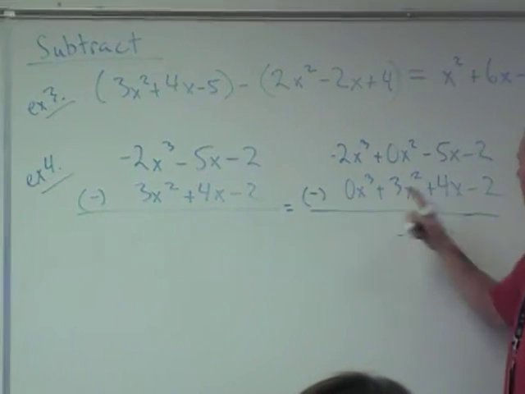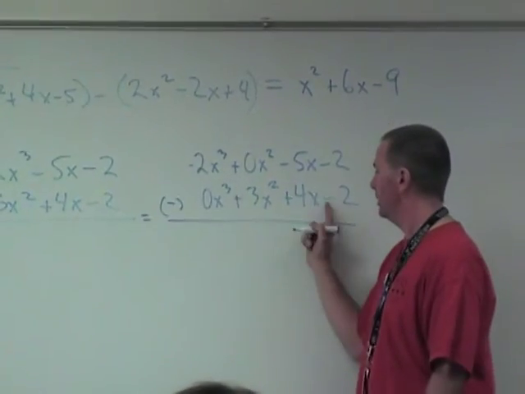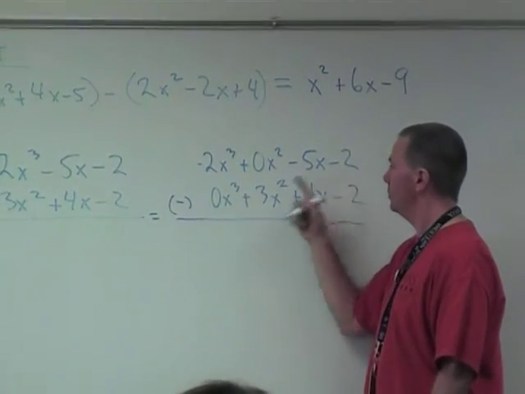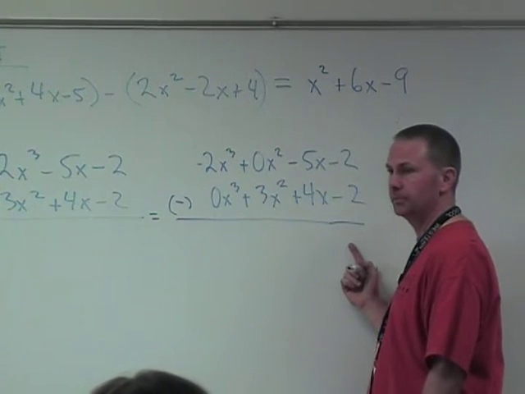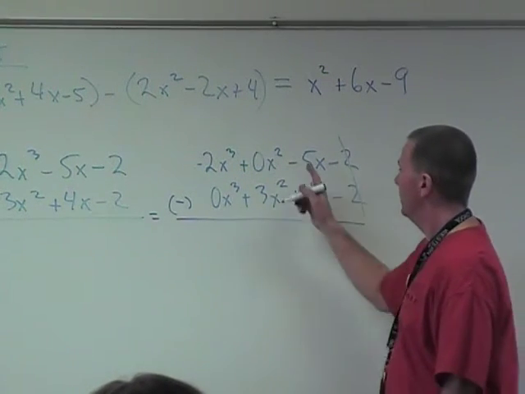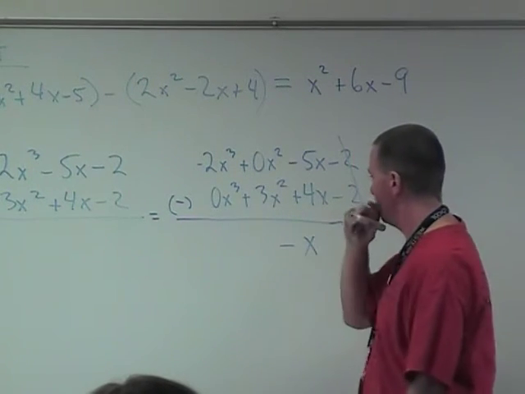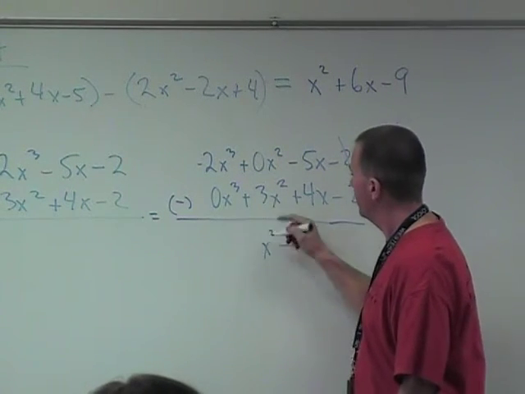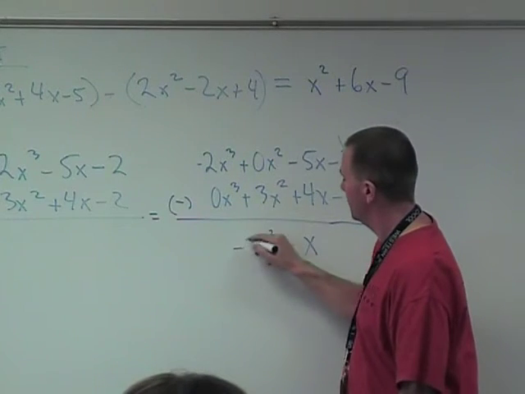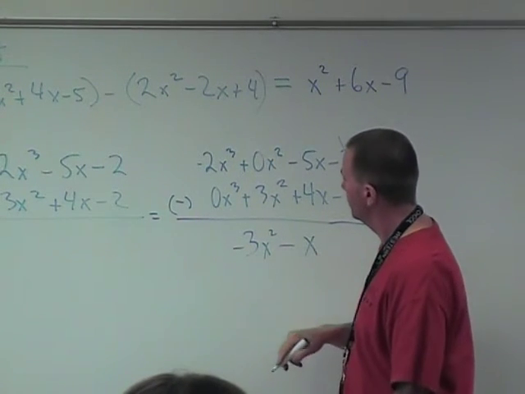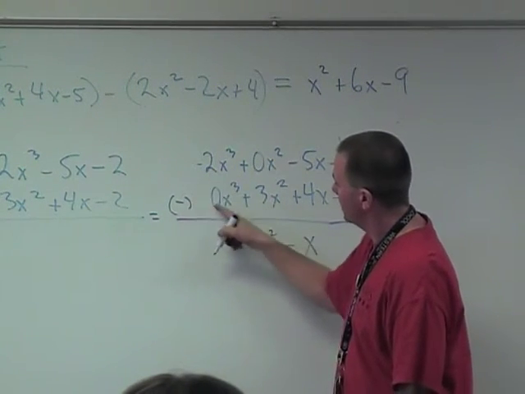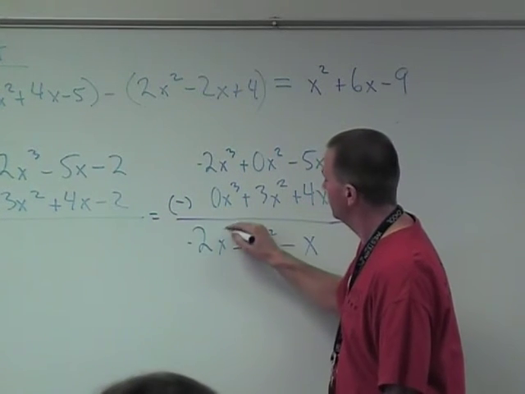Negative 2 minus a negative 2, well, that's plus 2. So negative 2 plus 2 is 0. So that's gone. Negative 5 minus 4 is negative 9. I have 0 minus 3, which is negative 3. And negative 2 minus 0 is just negative 2.